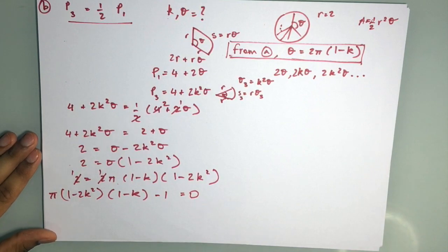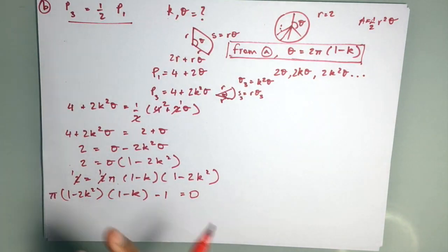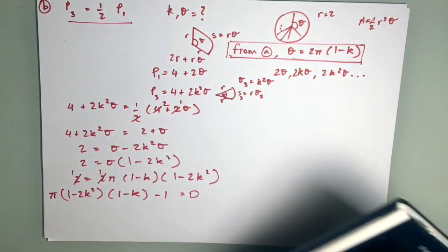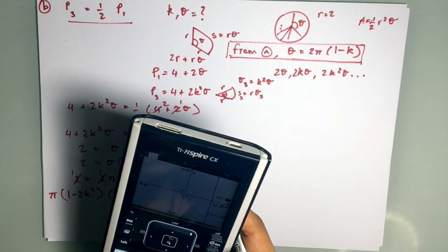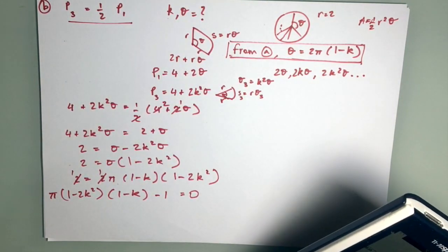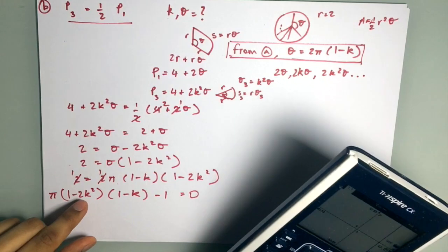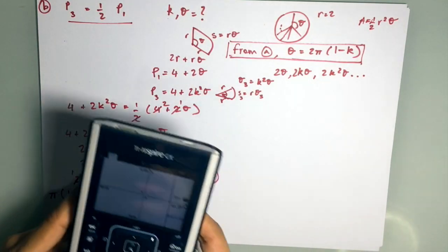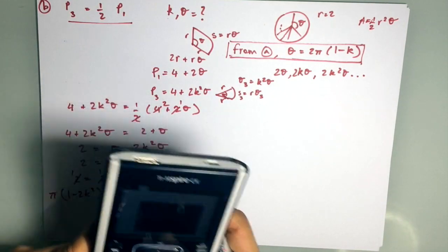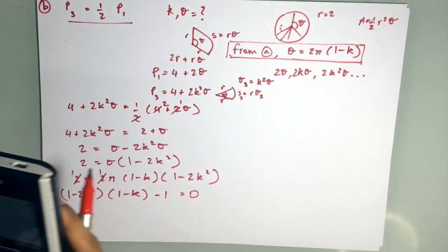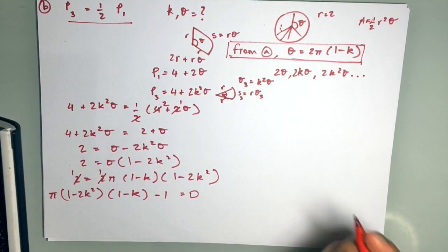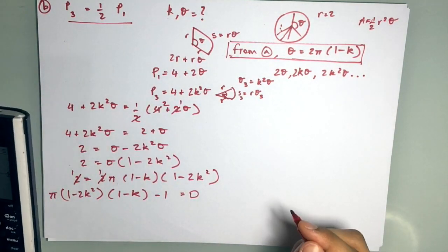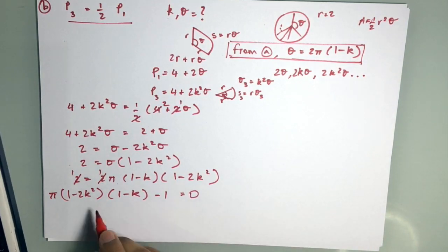Now this is a calculator paper, so I can just solve this using my calculator. You could use NSolve, but that would only give you one solution. And as this is a cubic, we know that it'll have 3 different solutions. So we need to check each solution and verify whether it's valid or not.